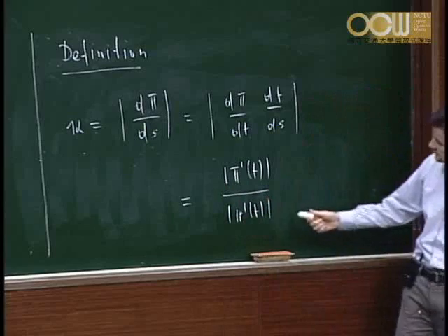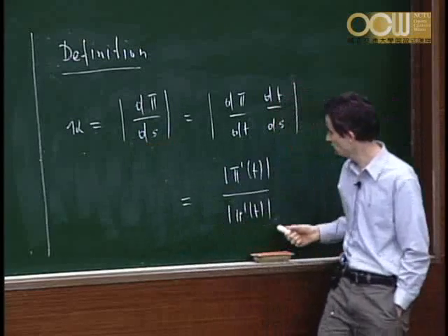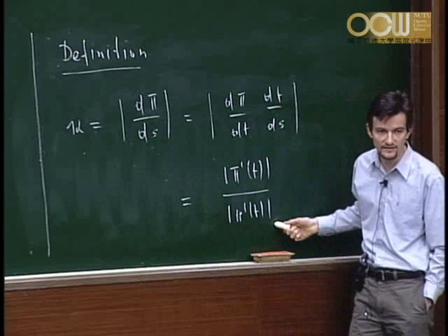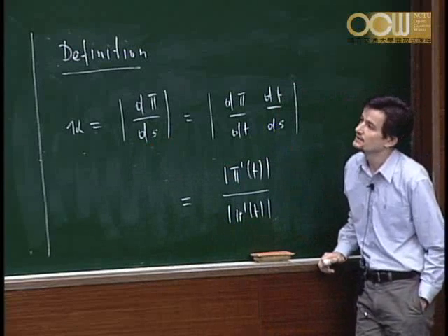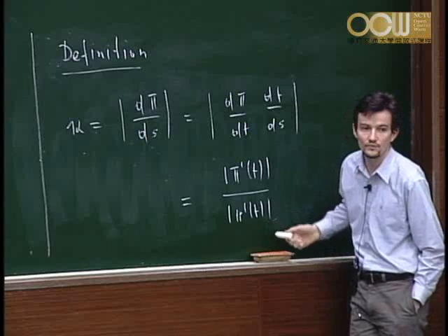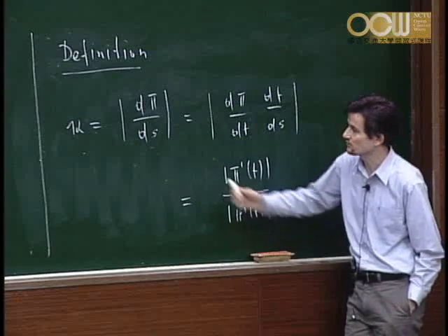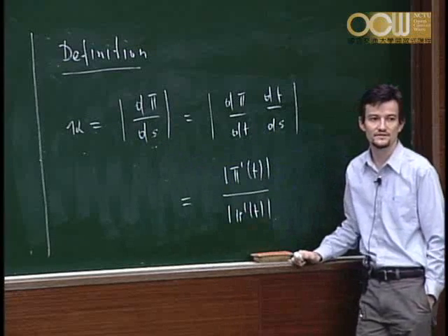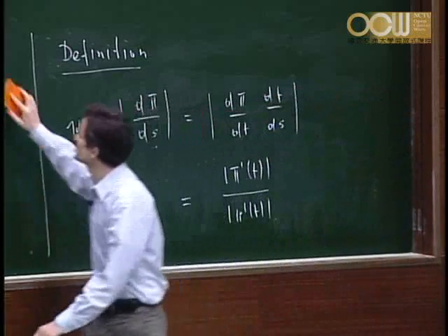You see that with this formula you get the same, but this formula does not depend on s, so you do not really have to parameterize the given space curve with respect to the arc length first. You can just use this formula, and this formula will be independent of the parameterization because it's equal to this one. So this is the curvature.